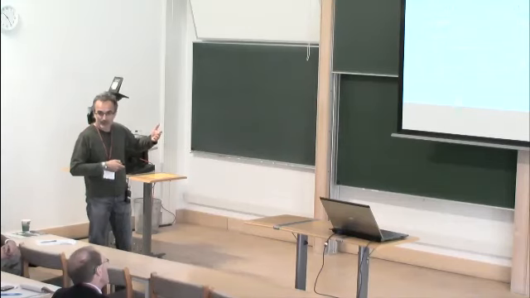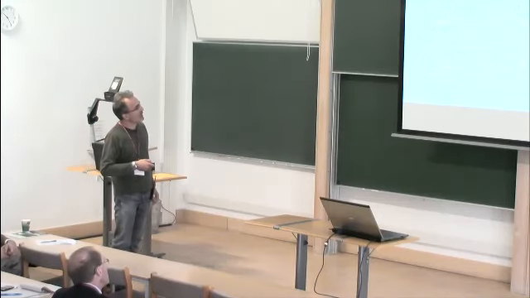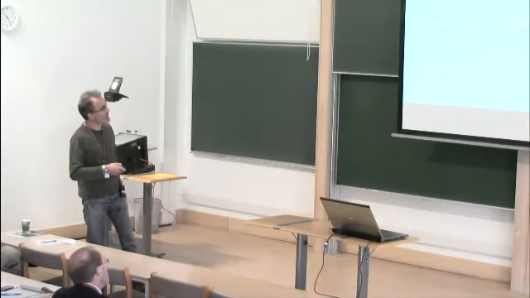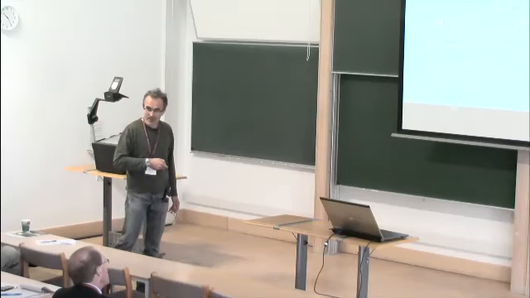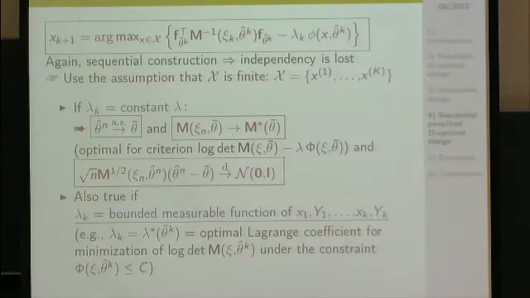So it's not constant, but it's a measurable function of all the past, and this still works. And in this case, you will converge to the optimum design for this constrained design problem. So this is what you get if lambda is bounded.